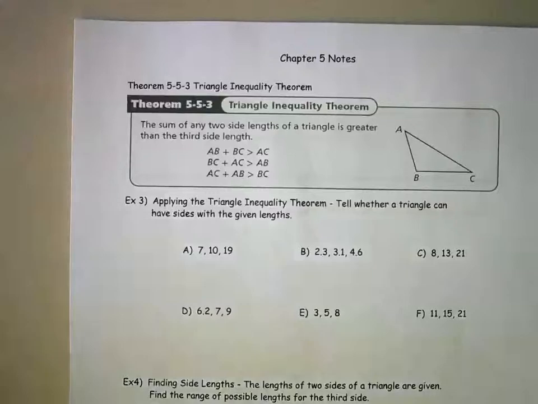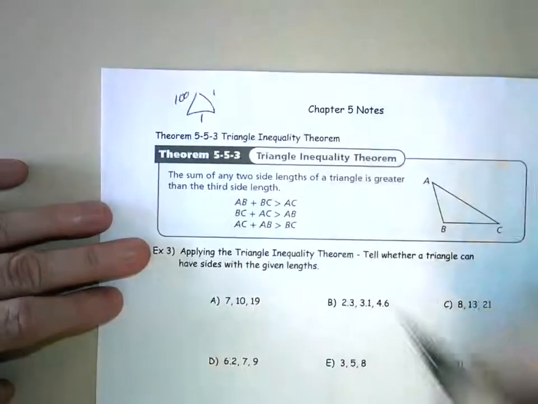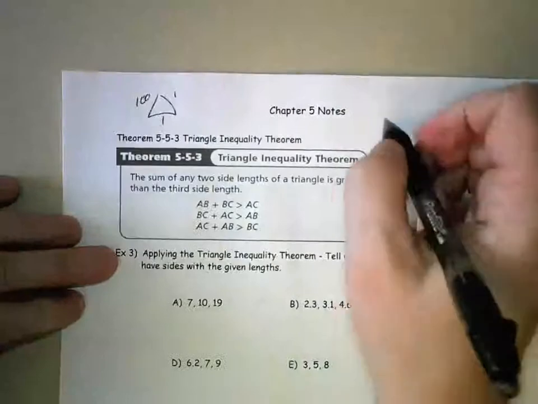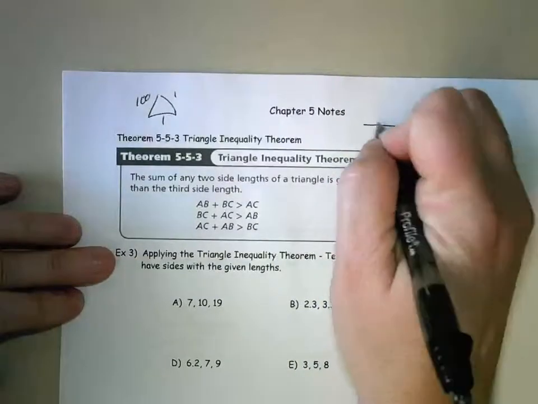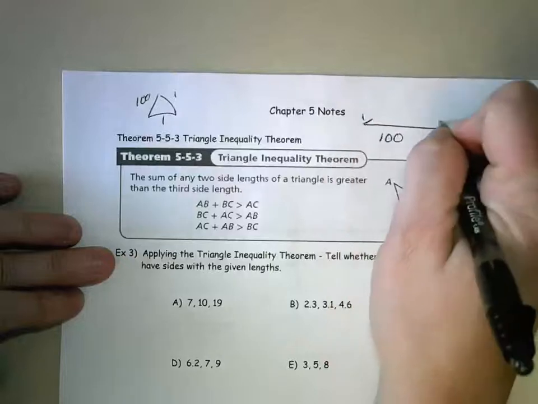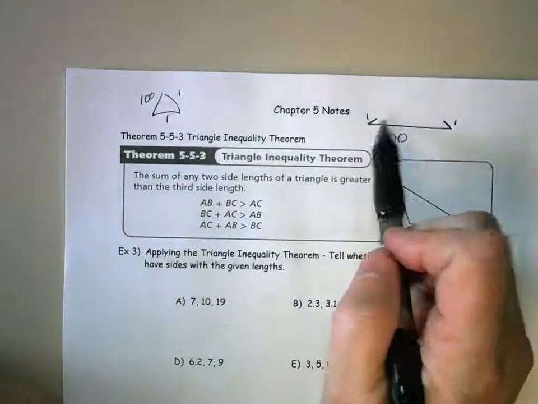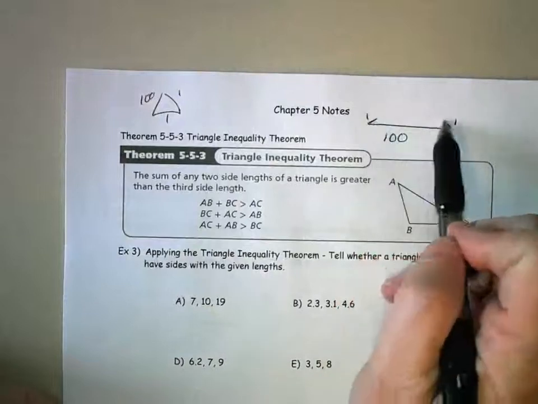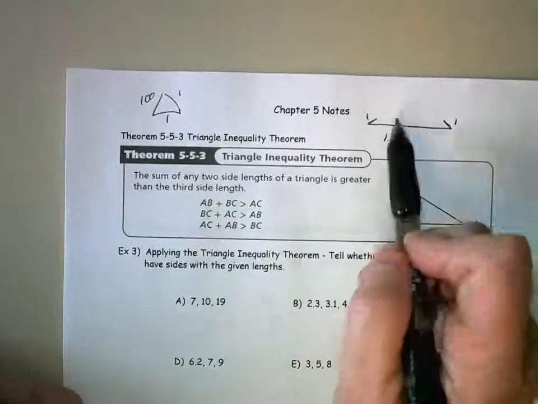Some of you might have just thrown a triangle up here and done 100, 1, and 1. Well, if you try to do that accurately, if this side length is 100 and that one is 1 and that one is 1, these two sides don't reach. So you can't actually make a triangle like that.